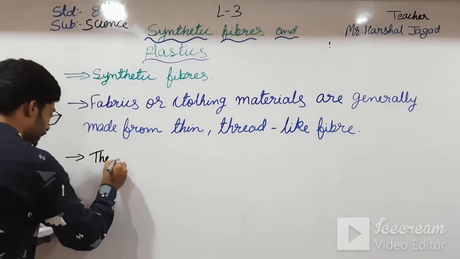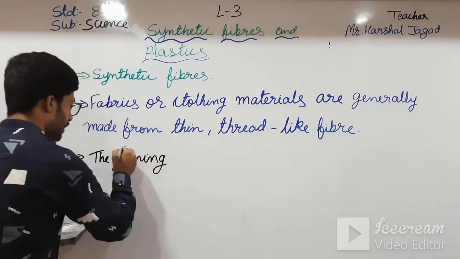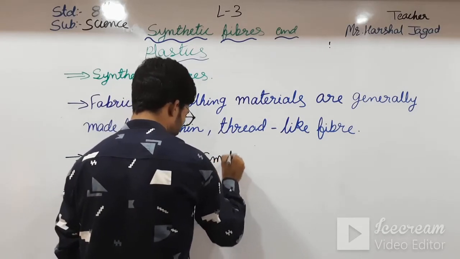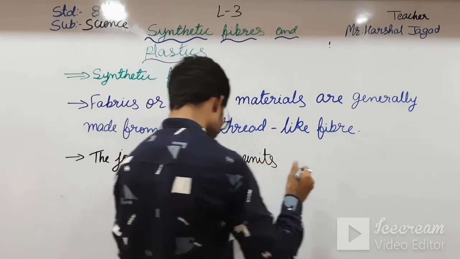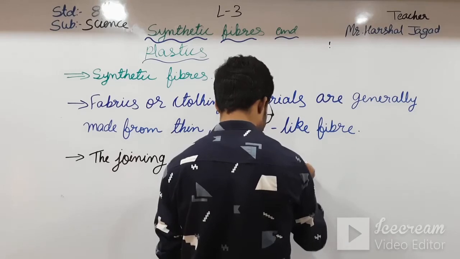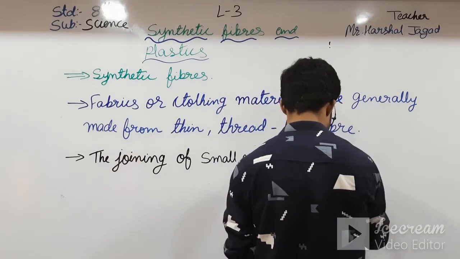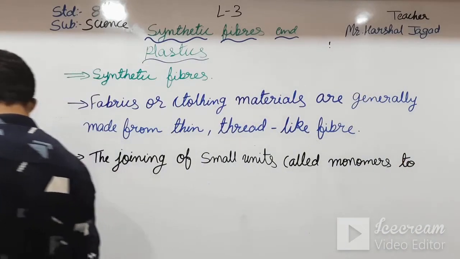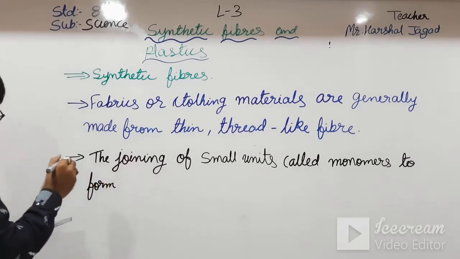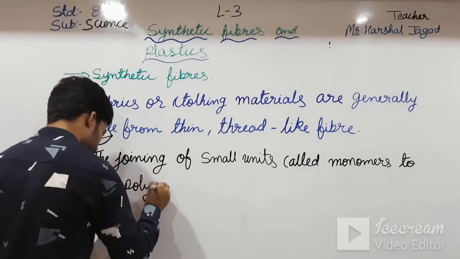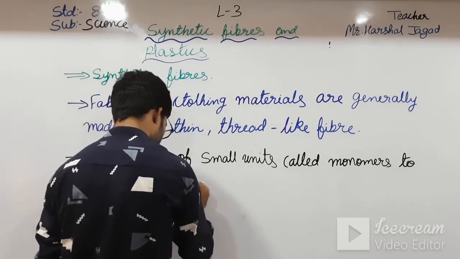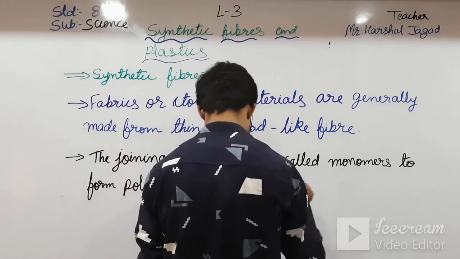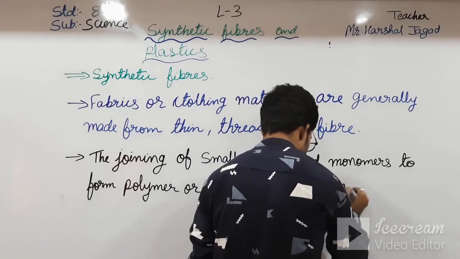The joining of small units called monomers to form a polymer or a long fiber is called polymerization.